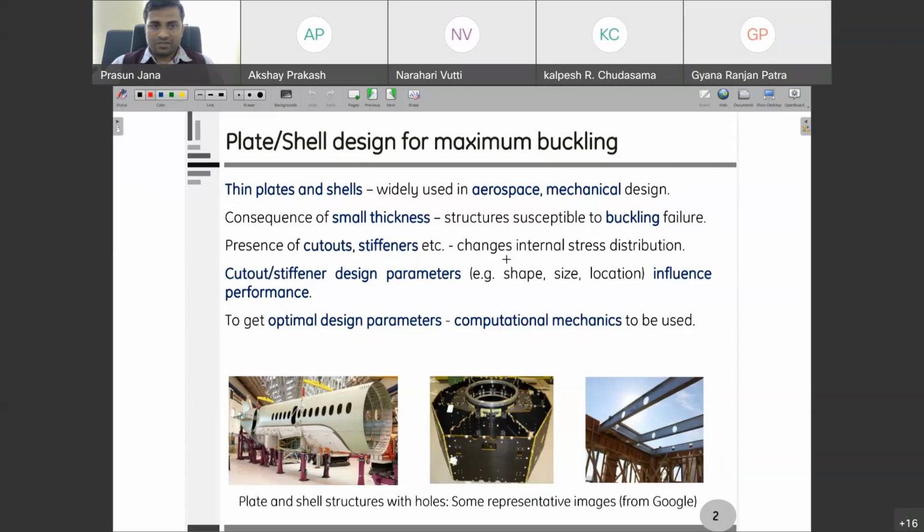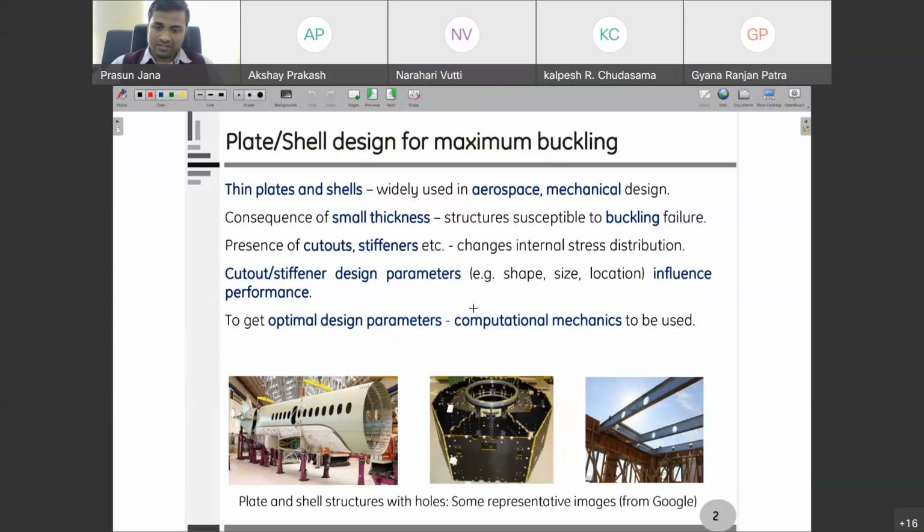Okay, so if we approach this kind of problem, where there are plates and shells with cutouts and stiffeners, and we want to optimize the design parameters of those structures, then we have to choose this route of numerical analysis, and in that we can try to optimize this problem.